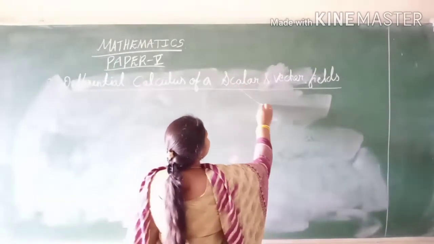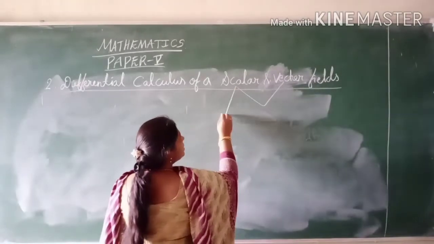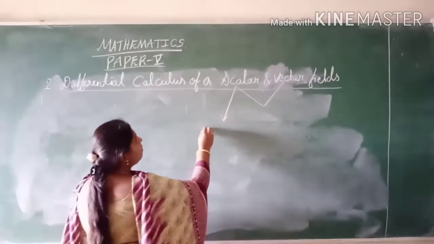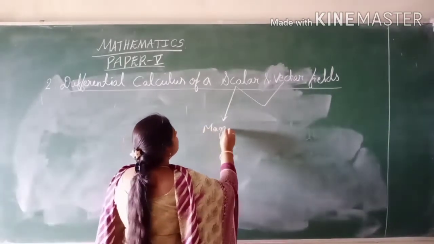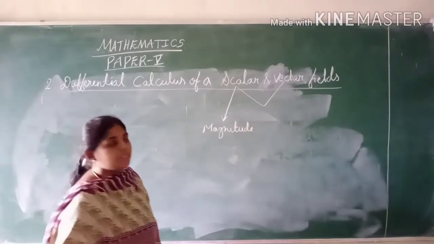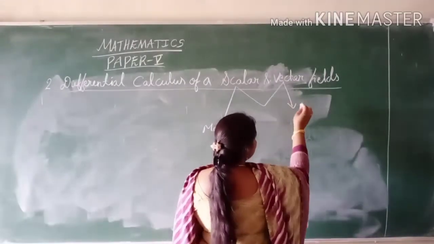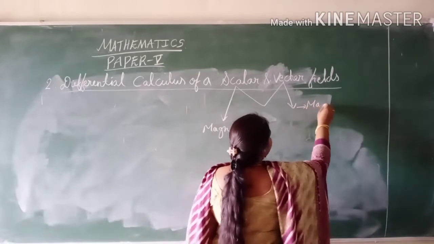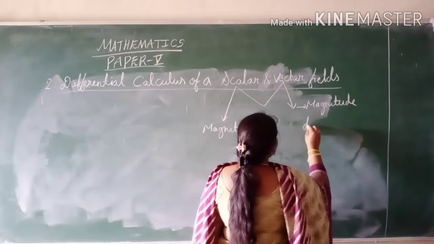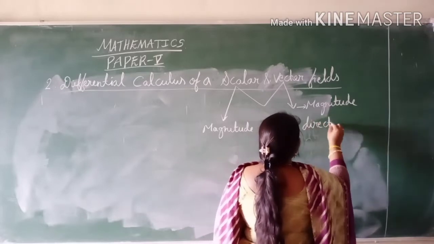See, the word itself shows what is meant. The physical quantity which has only magnitude is called a scalar. Similarly, the physical quantity which has both magnitude and direction, we call it a vector.